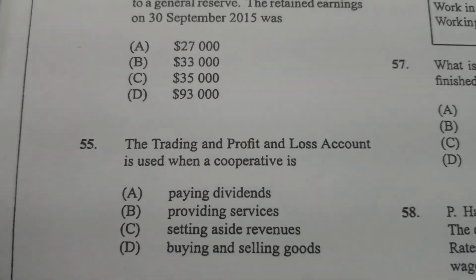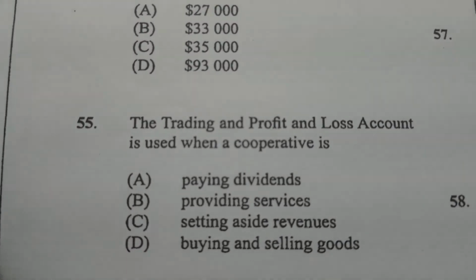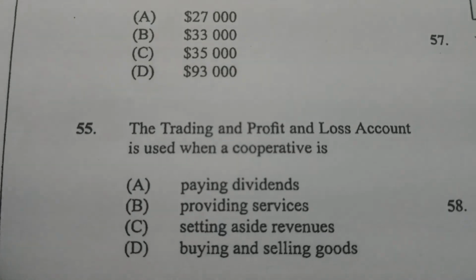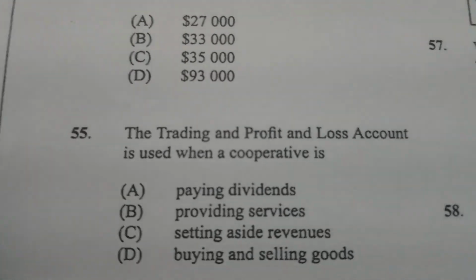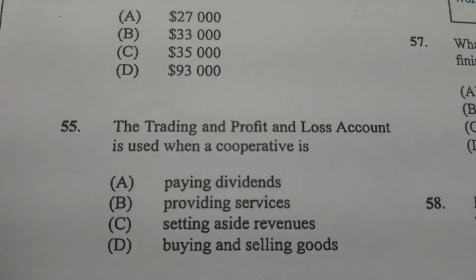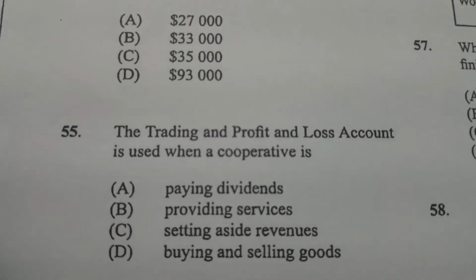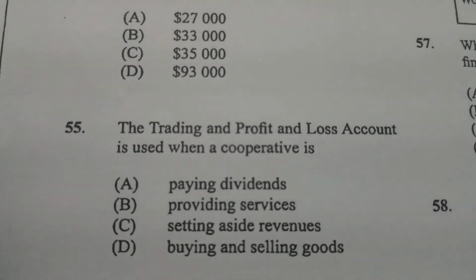Item 55 says the trading and profit and loss account is used when a cooperative, let me read that question again. The trading and profit and loss account is used when a cooperative is, and our answer is D, buying and selling.